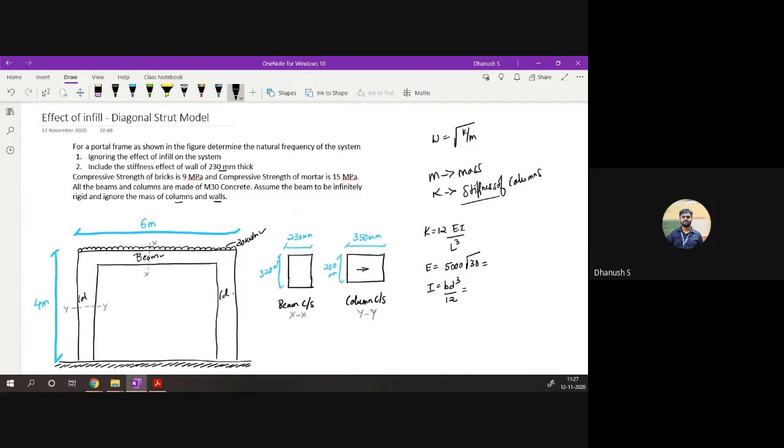Tell me the values for E and I. I is 8.21 into 10 power minus 4 meter power 4. Tell this also in Newton per meter square.